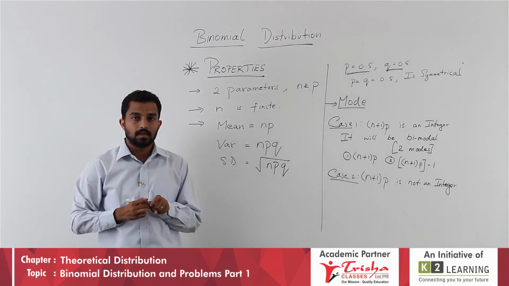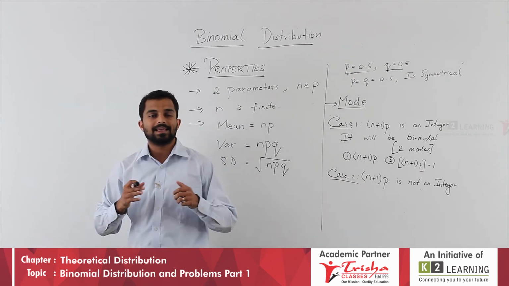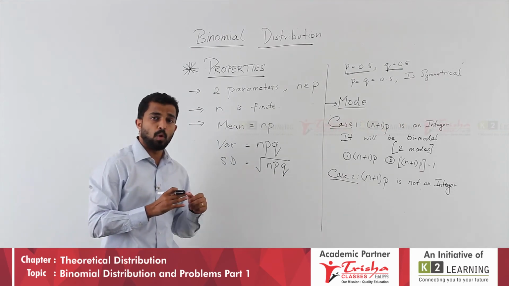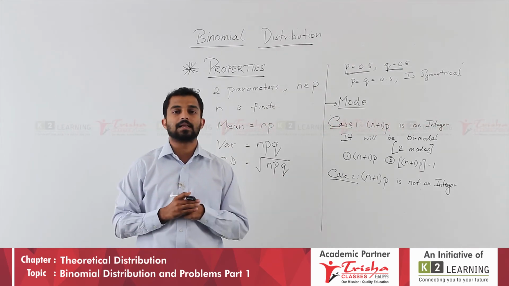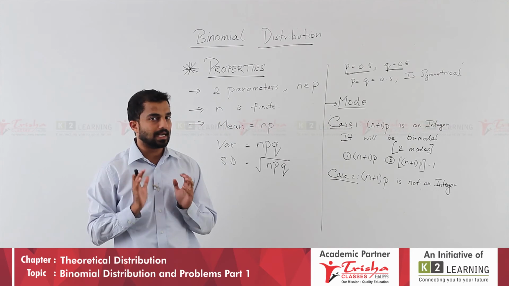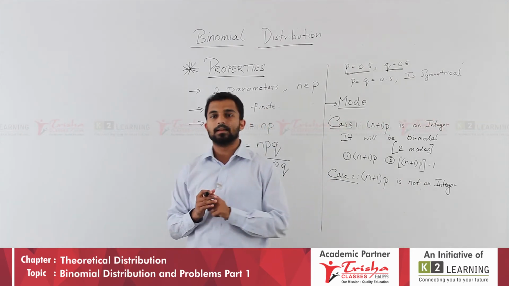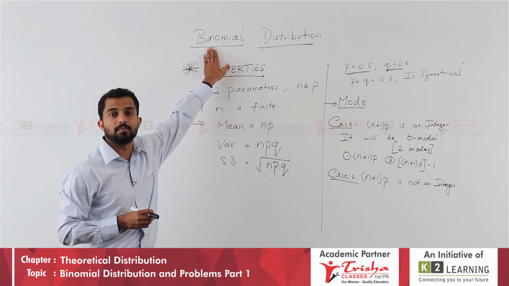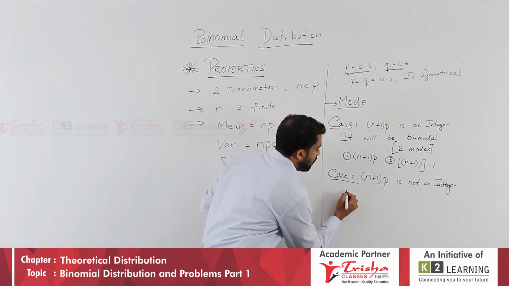That means when I multiply (n plus 1) into p, I will get answers, say 6.35, 5.76, 9.15. Whenever I get answers in decimals, it is not a whole number, and at this point, students, binomial distribution will have only one mode.